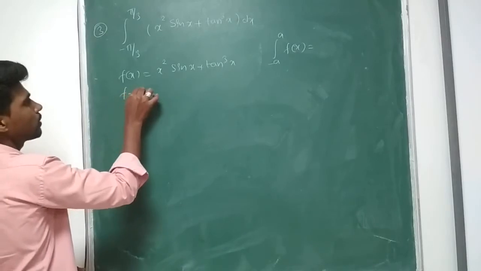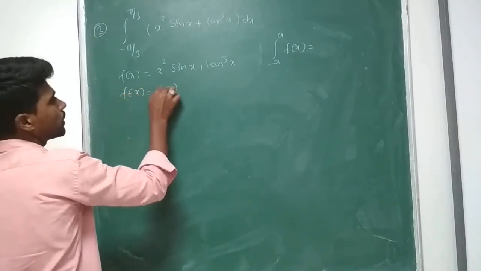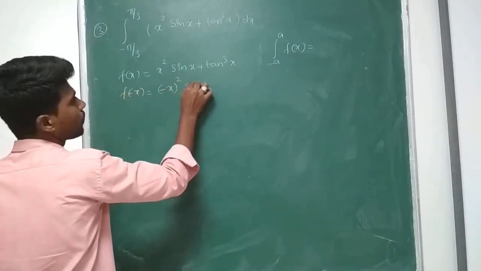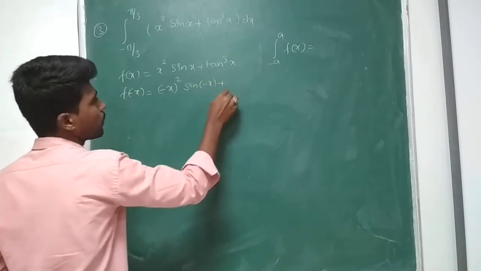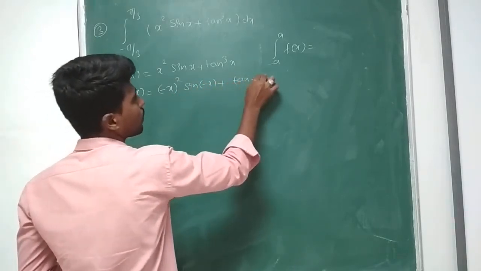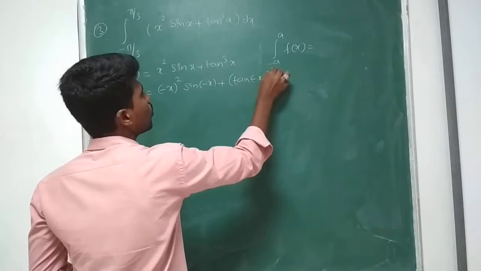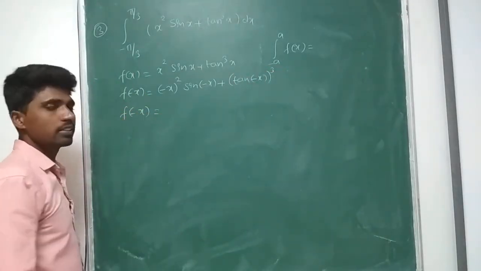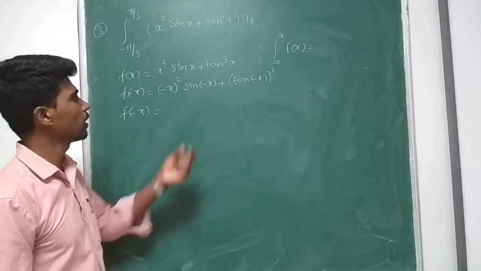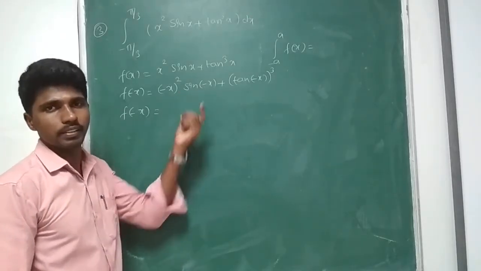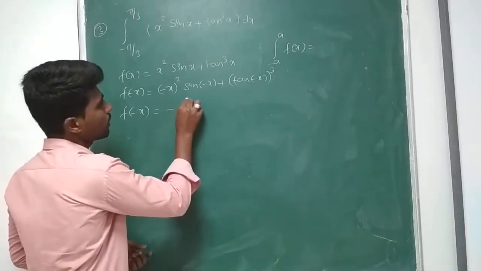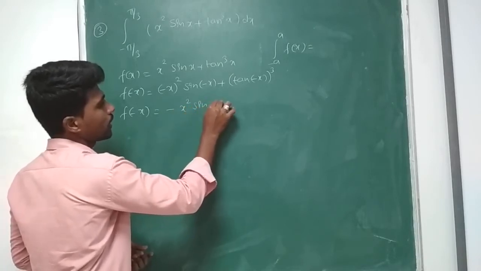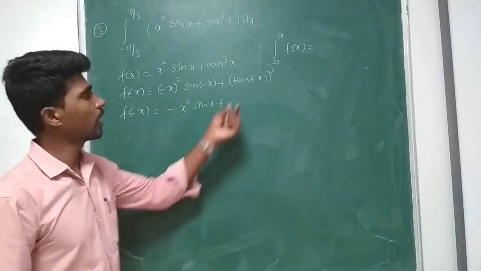So f of minus x is equal to (minus x) the whole square into sin of minus x plus tan of minus x whole cube. So f of minus x is equal to (minus x) the whole square, which is nothing but x square. Sin of minus x is minus sin x. So I get minus x square into sin x plus tan of minus x.